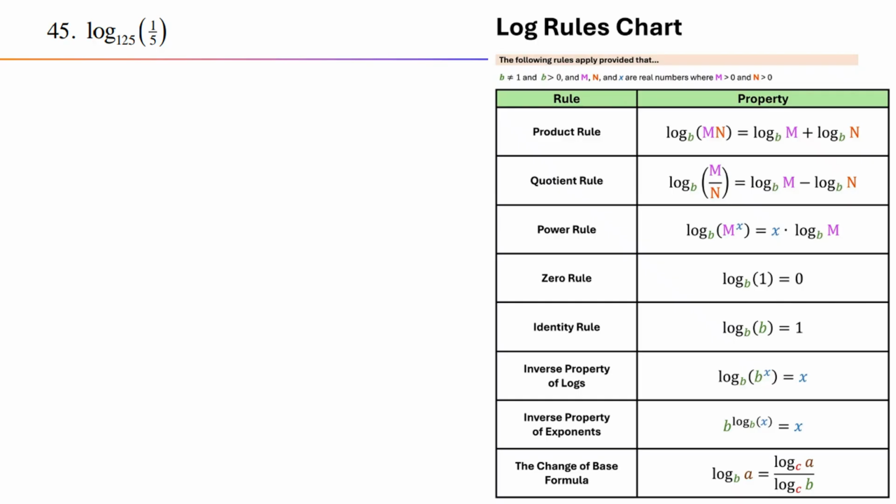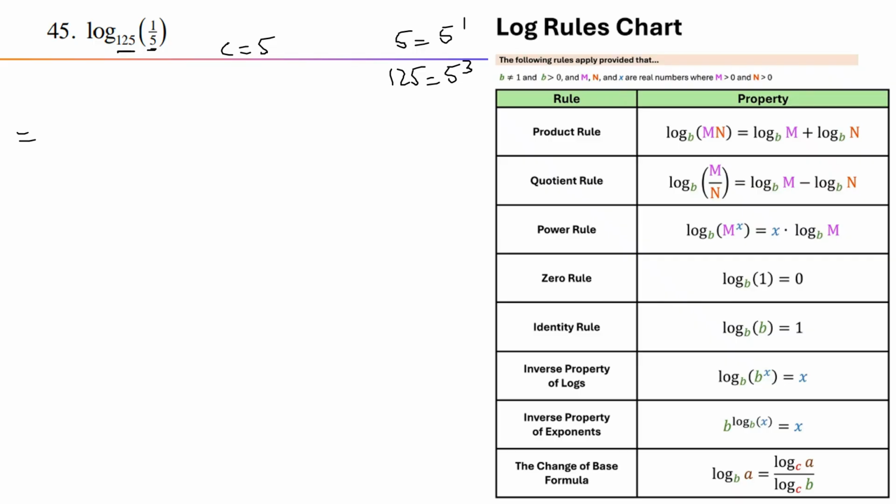Okay, so what is the base we use for the change of base formula? What is the C value? It could be 5. Why? Because you see here 5, and here is 125. 5 is 5 to the power of 1, and 125 is 5 to the power of 3.